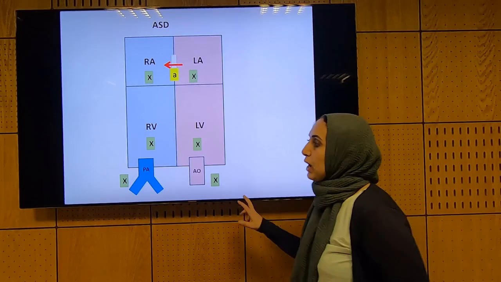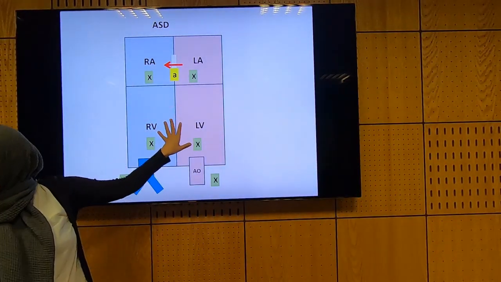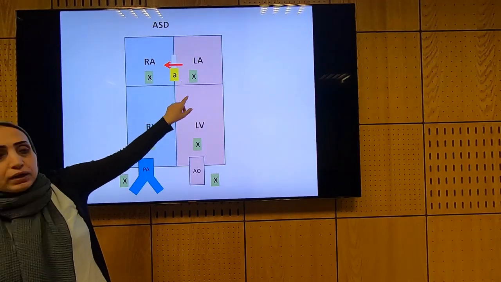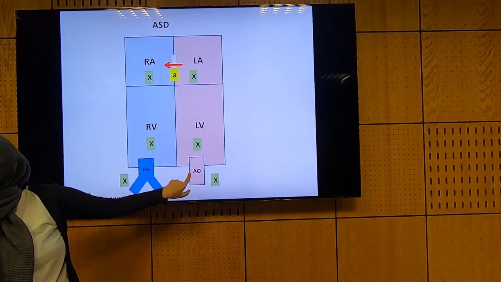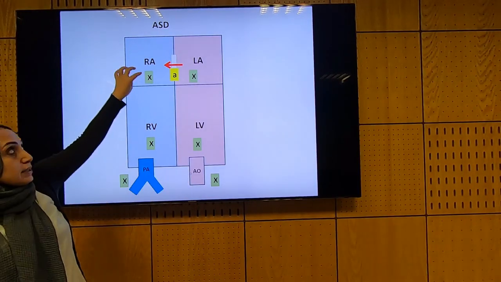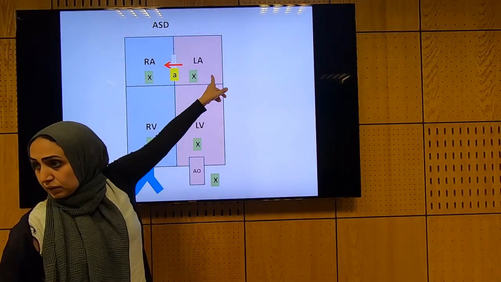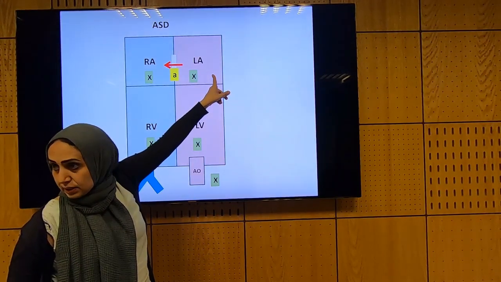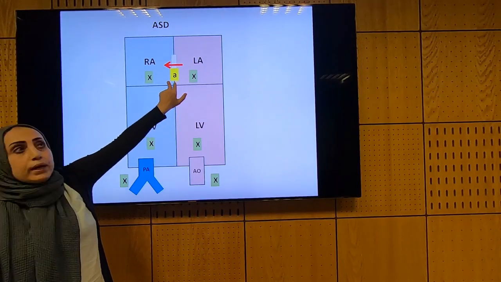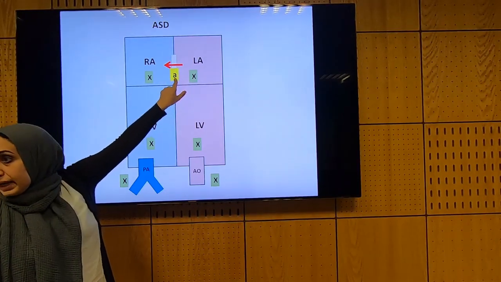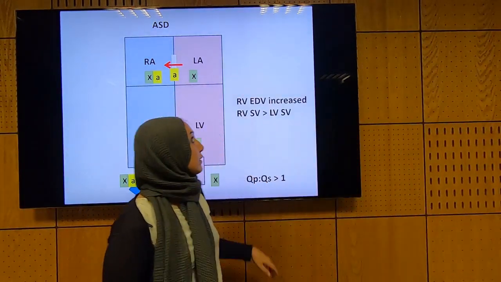If we say that we have an X amount of blood going through the whole heart in series, so we have X amount in the left atrium, and X amount in the left ventricle going to the aorta, X amount going to the superior vena cava and inferior vena cava, X amount in the right ventricle, X amount in the pulmonary artery, and going back to the left atrium via the pulmonary veins as X amount. Is that correct? Now we will suppose that we have an ASD. So we have an extra volume, we call it A, at that level. If you follow that A, we will find it like that.